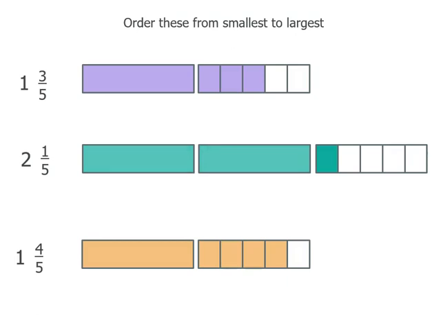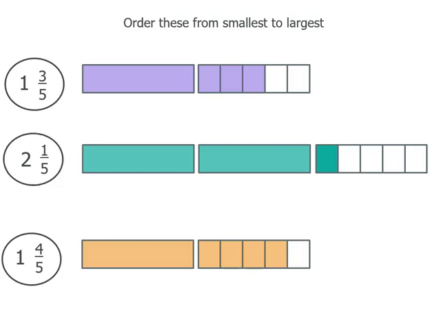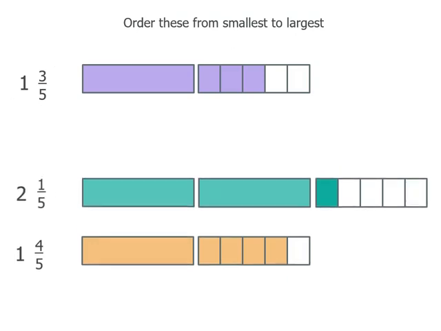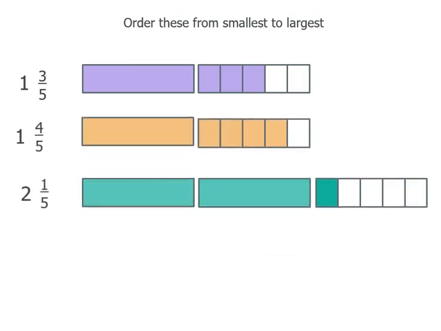From smallest, we're going to use the ones that have got a 1 in them first. So 1 and 3/5 and 1 and 4/5 are going to be smaller. And 3/5 is less than 4/5. So 2 and 1/5 is our biggest number. Let's move that out of the way. And 1 and 4/5 goes in there. So now they're in order from smallest to largest.